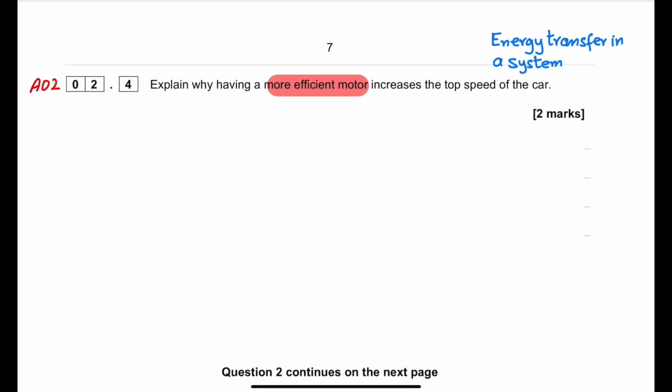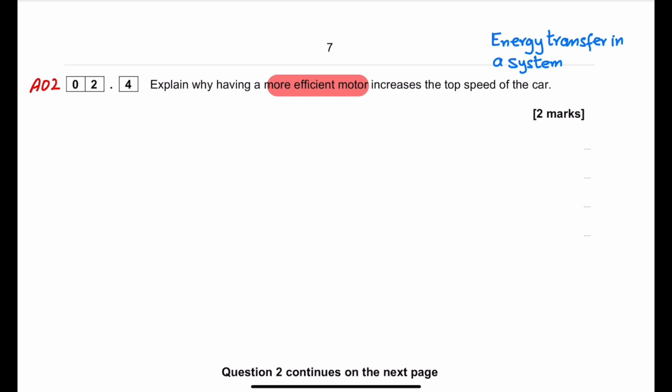2.4 is an AO2 question. Explain why having a more efficient motor increases the top speed of the car. This question is from the topic of energy transfer in a system. If the car has a more efficient motor, it means that less energy is wasted in the form of kinetic energy or potential energy of the surrounding.